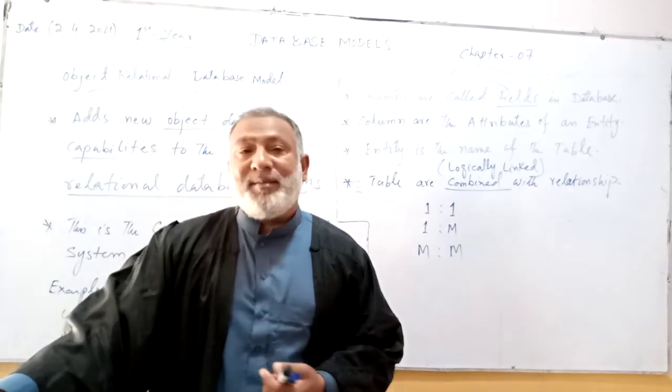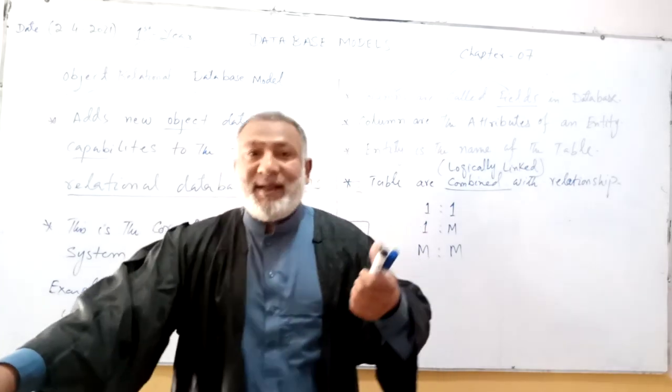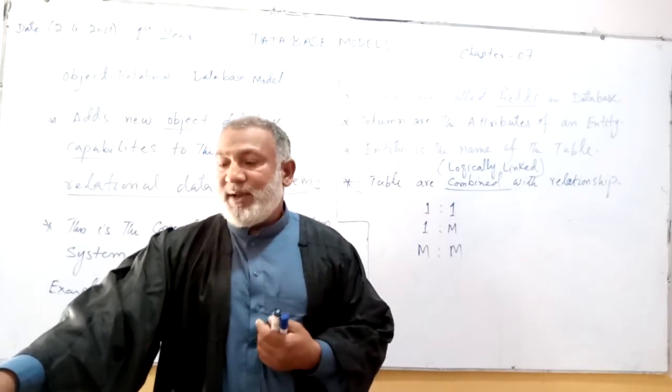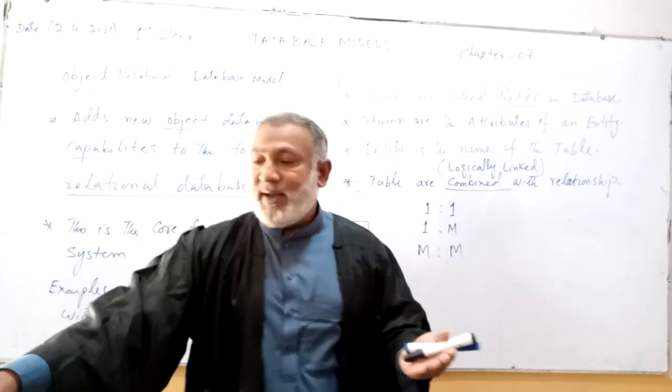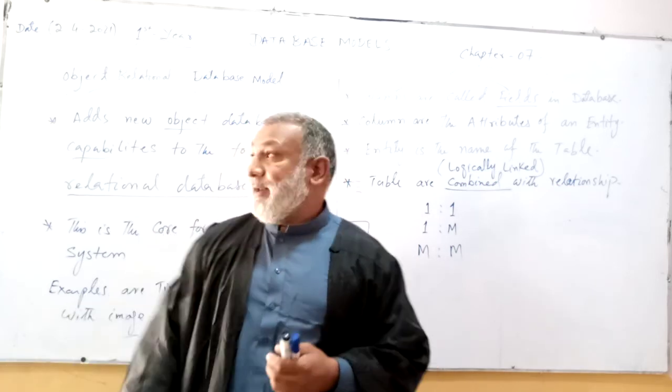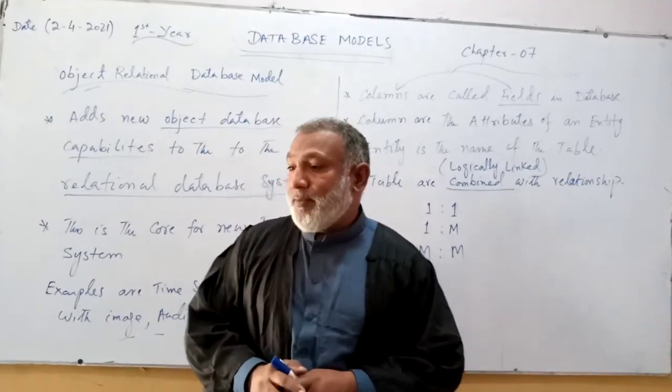The first one was the hierarchical database model. The second one was the network database model. Then we have the relational database model, and the second last was the object-oriented database model. And at the last we discussed the object-relational model.